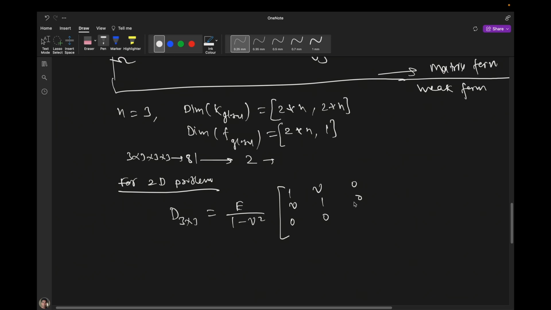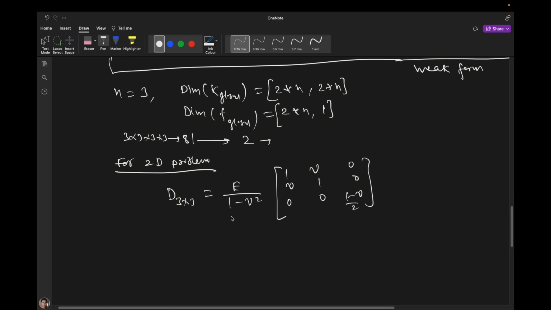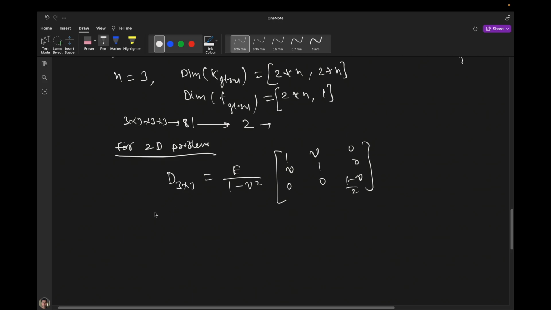Yeah, wait, I need to see it. It is 1 minus nu by 2. So in this case you can see that this is only a 3 by 3 matrix.